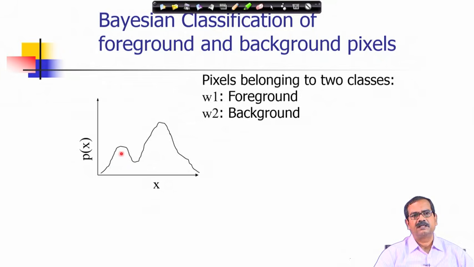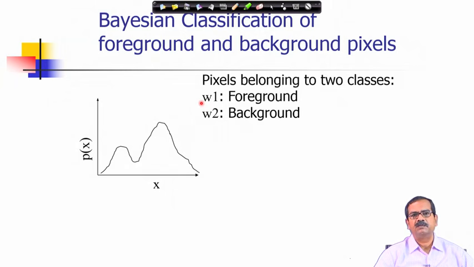There are two modes, two peaks in this histogram, and our assumption is that most of the pixels around one particular peak are coming from the foreground, and the pixels coming from the background are centered around the other mode. So, we consider there are two classes of pixels, and these are the notations of these classes in this case.